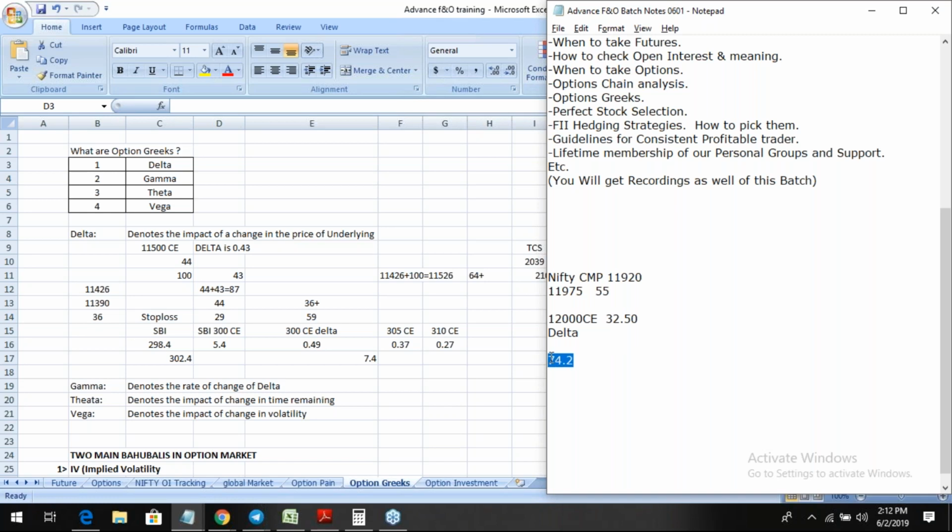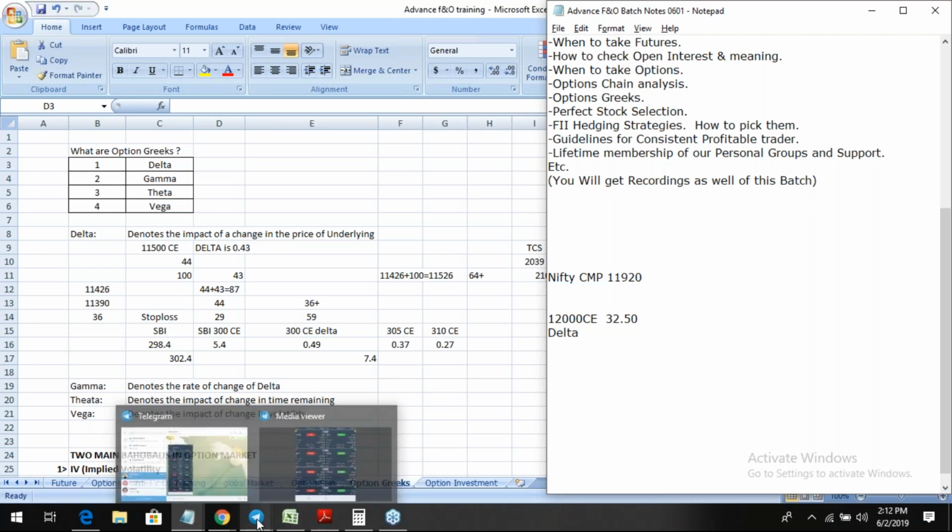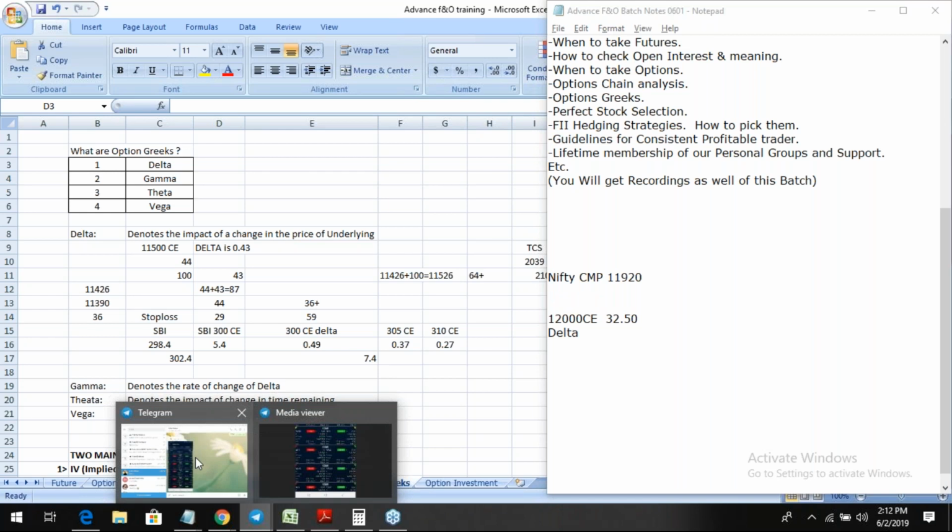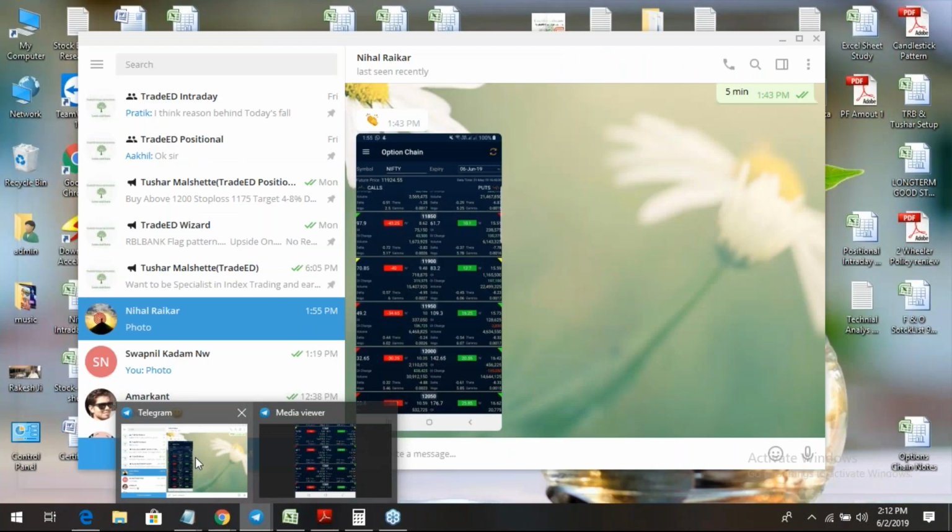What is the delta of 12,000 CE? Tell me. On concept, what is the delta of 12,000 CE?